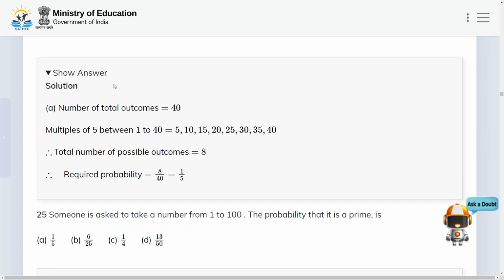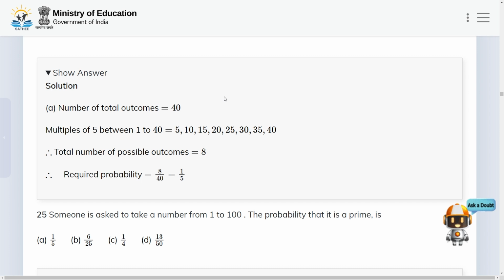The number of total outcomes is equal to 40, and the multiples of 5 between 1 to 40 are 5, 10, 15, 20, 25, 30, 35 and 40. So the number of favorable outcomes is equal to 8, and the total number of outcomes is equal to 40.